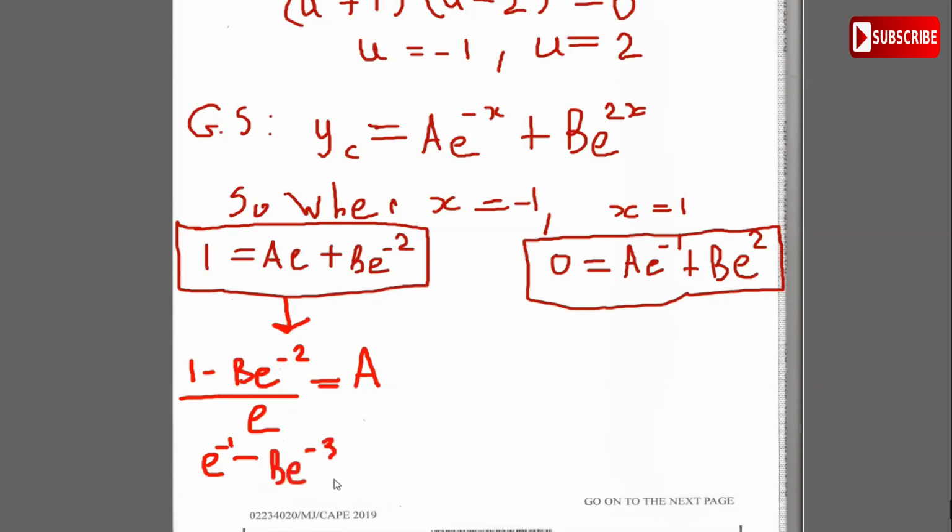So A is e to the minus 1 minus B e to the minus 3.